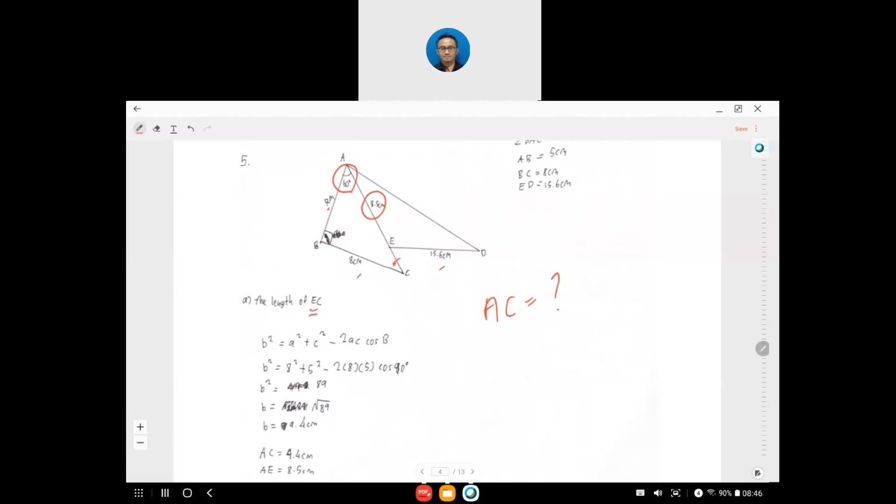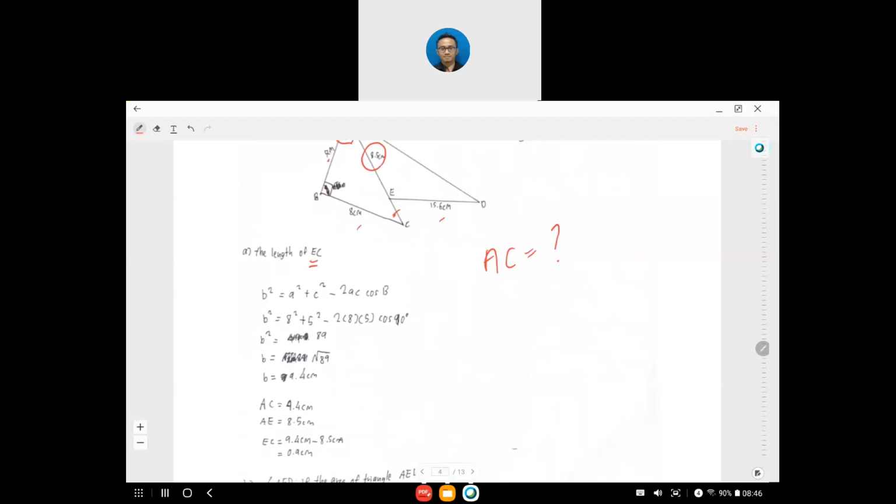So you need to find AC first. In order to calculate this value, we can use the law of cosine.